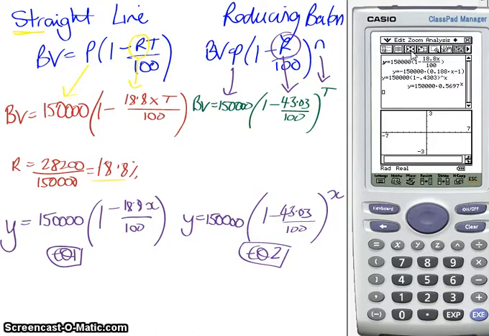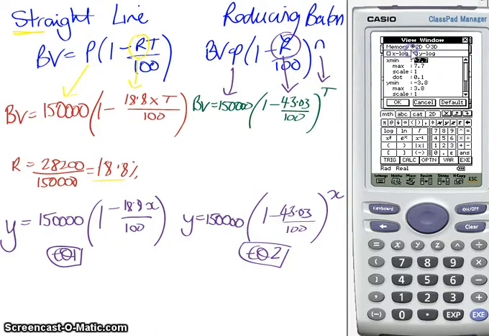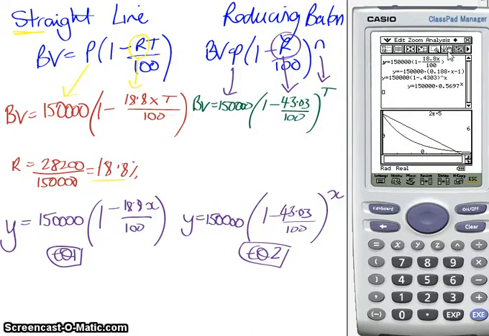This box here, with the 4 arrows, will adjust the screen. We know that we want y from 0. Let's go to 160,000, and we can see the top of the graph. X is the time, and we know that we're only going from 0 up to 5 years. So I'll just go one more so I can see it. Press OK.